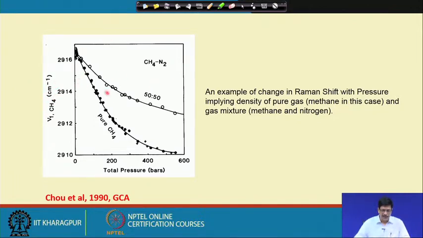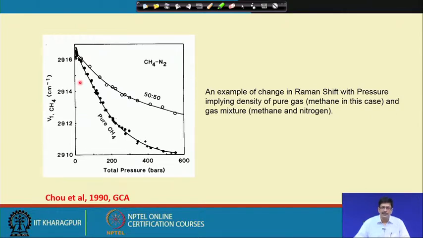As is said in the context of Raman spectroscopy, the Raman spectra of a particular molecule is its fingerprint. We would possibly say that if there is a molecule like methane, then its Raman shift, as it is documented in books or in standard literature, we should get a peak around 2914 centimeter inverse.